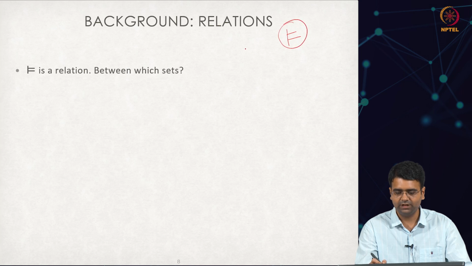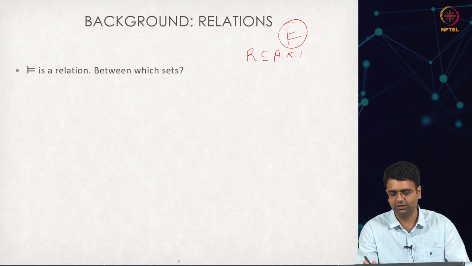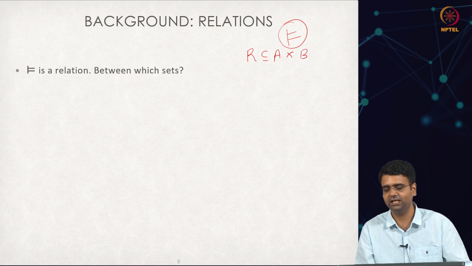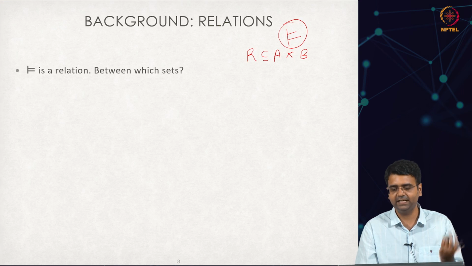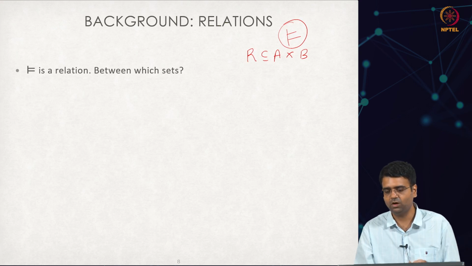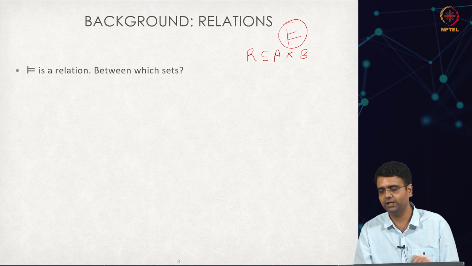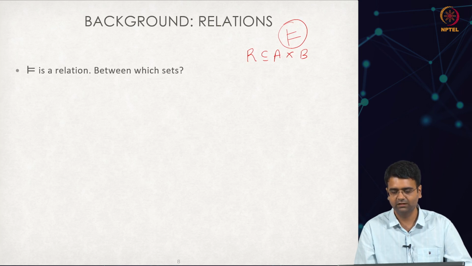If you recall, a binary relation R is essentially a subset of a cross product between two sets A and B. So if you have two sets A and B, then a relation R is a subset of the cross product of A and B. It essentially relates an element of the set A to an element of the set B, and it's a subset.